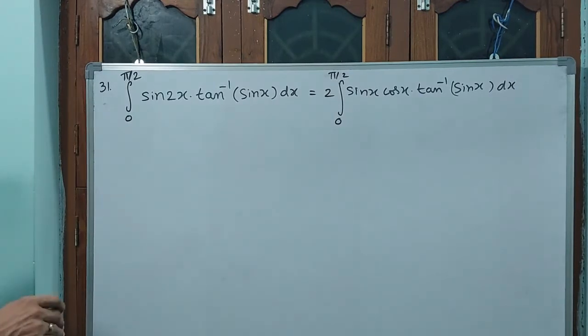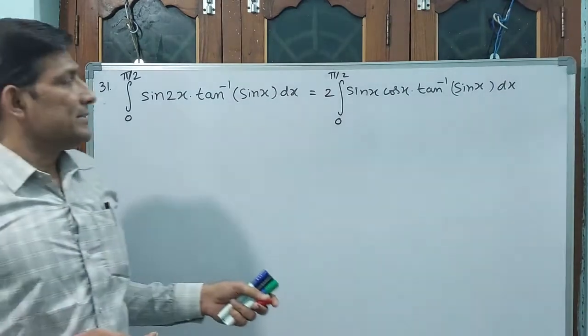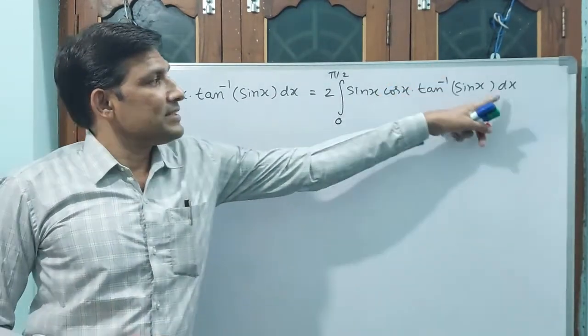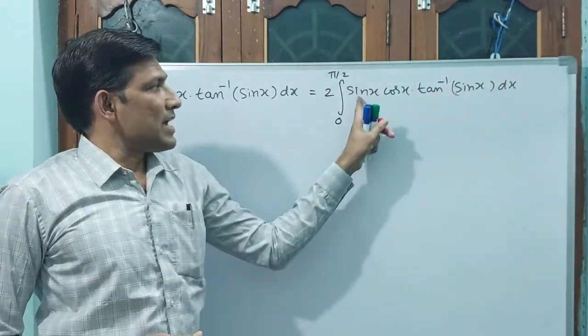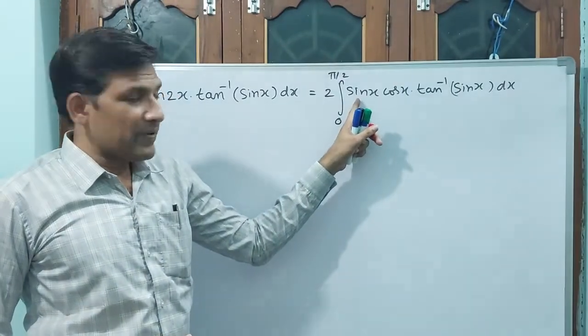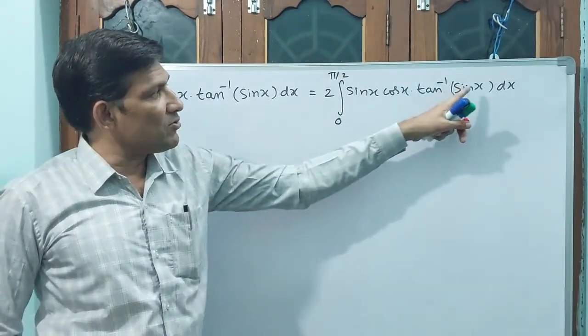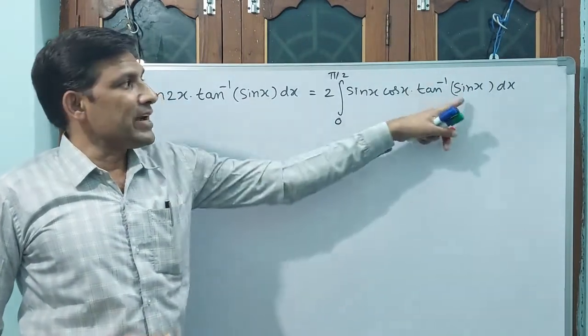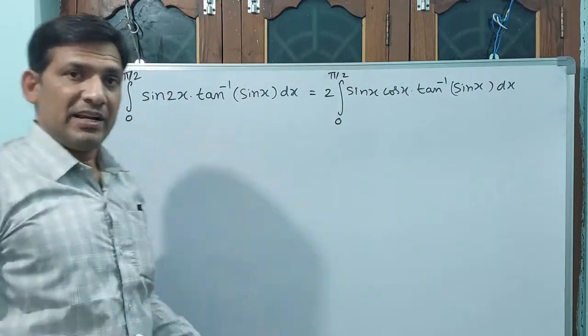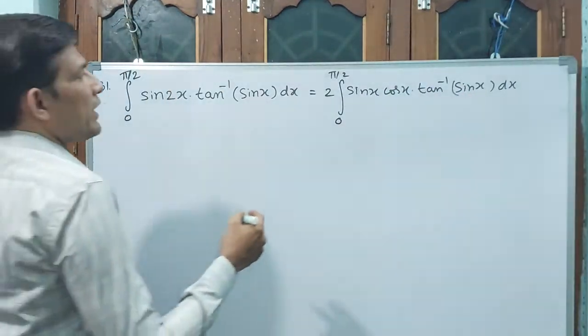See what I am doing now. I am taking sin x cos x dx. Sin x I want to take as t, so it becomes t into tan inverse t, and cos x dx is dt.